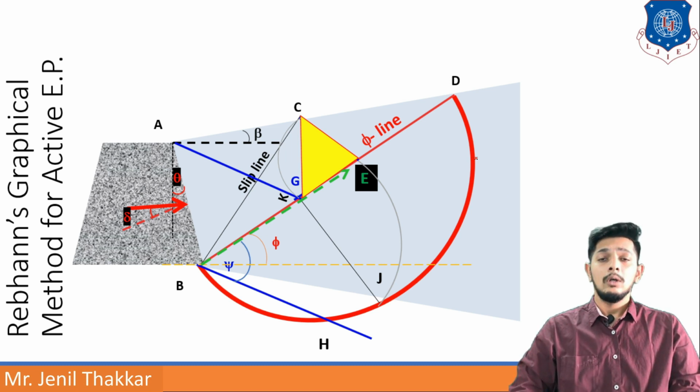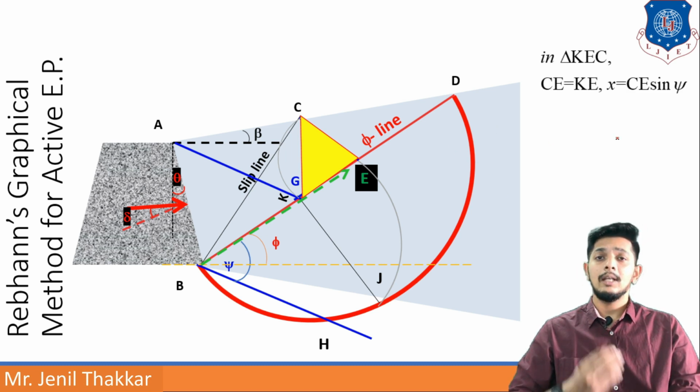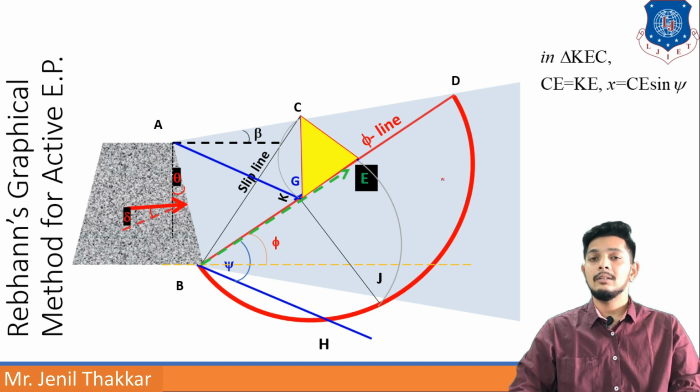So through calculations we can say in delta KEC, CE will be KE. Number of iterations suggests that every time CE will be almost equal to KE, and X will be CE sin phi. What is X now?